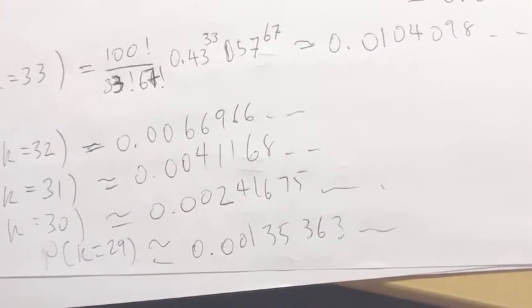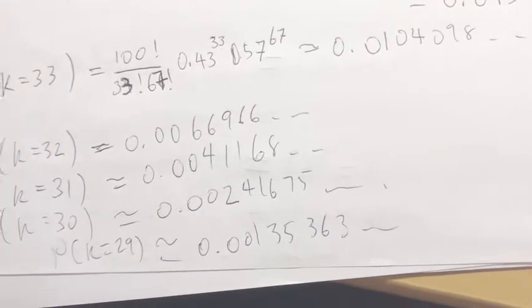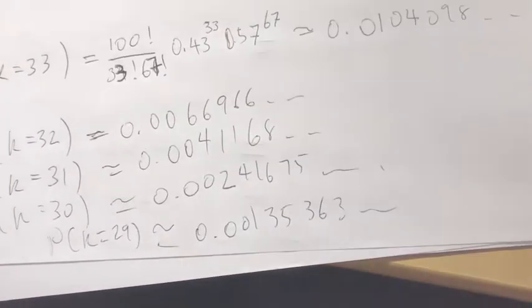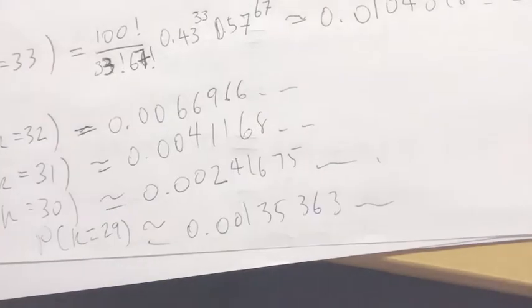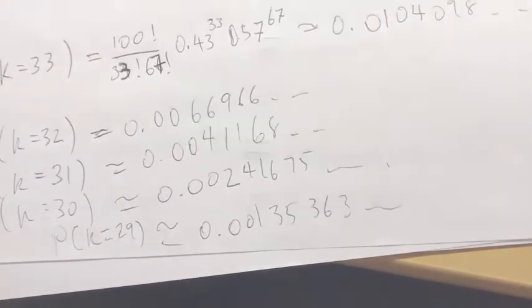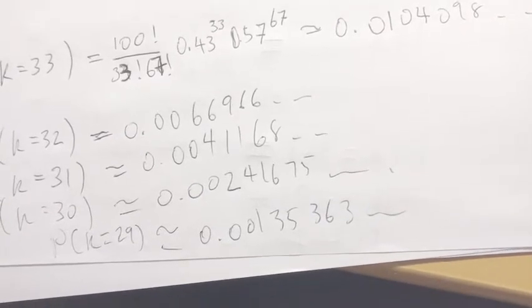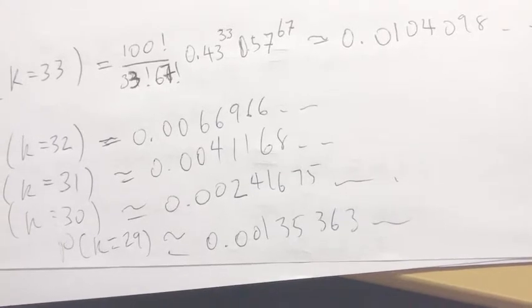But if you go down one more, so let's see, 28. No, we can go down by 5 more actually. Let's do 5 more. So let's go to 20. I'll go down 4 more.